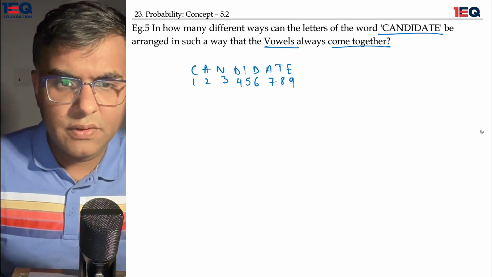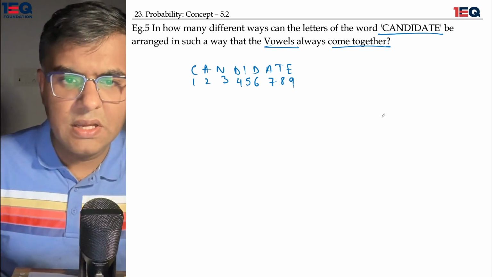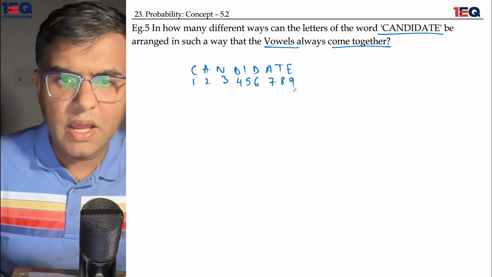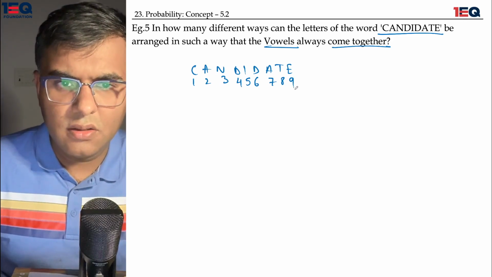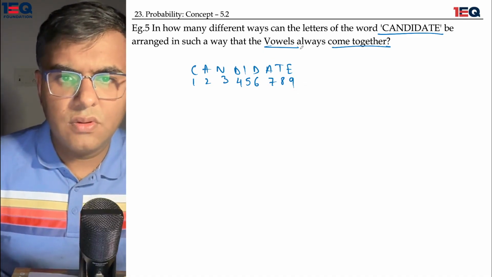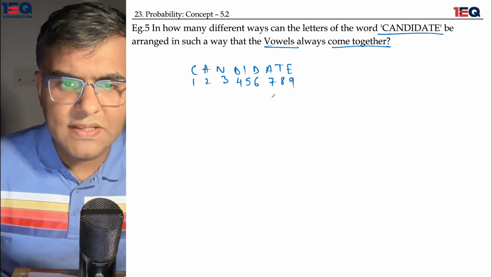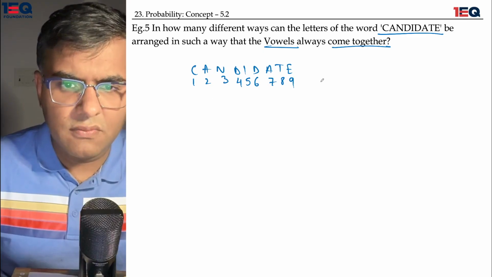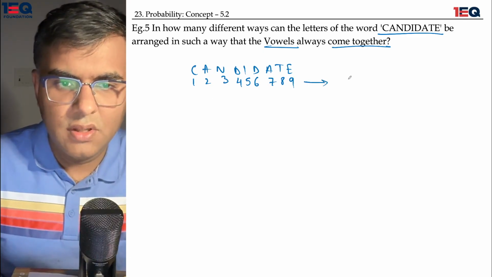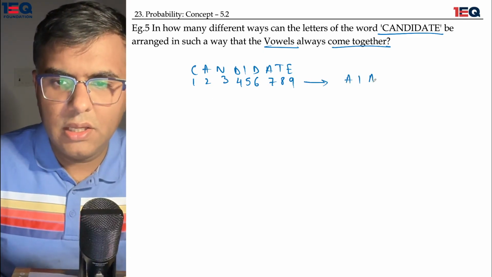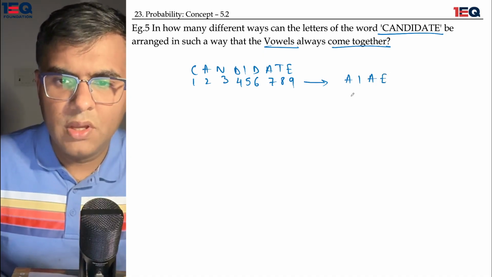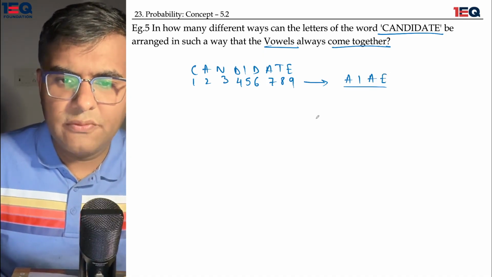So the length of the entire word is 9 letters. The vowels should come together. We'll separate the vowels out of it. So A, I, A, E, these are four options.